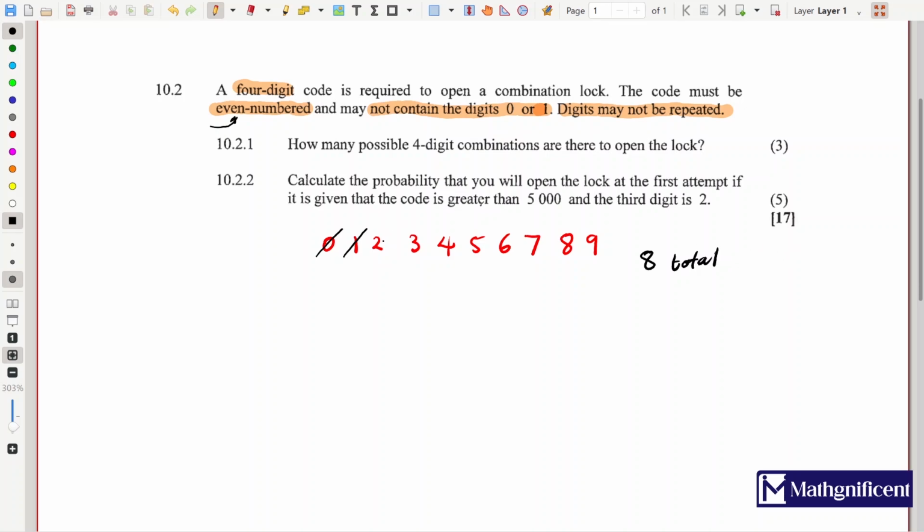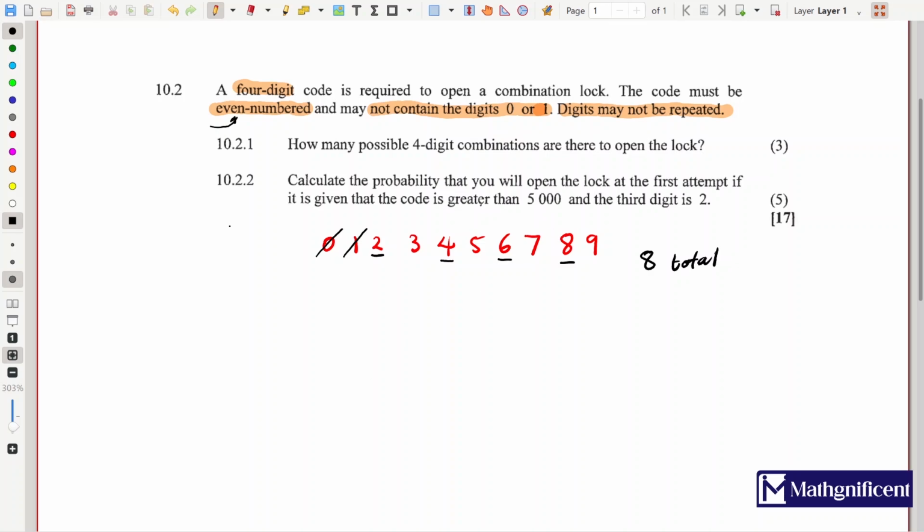Should end with 2, 4, 6, 8. For a number to be even, we know that it must be divisible by 2. And how do we see that a number is divisible by 2? It ends with 0, 2, 4, 6, or 8. But in this instance, we can't use 0.